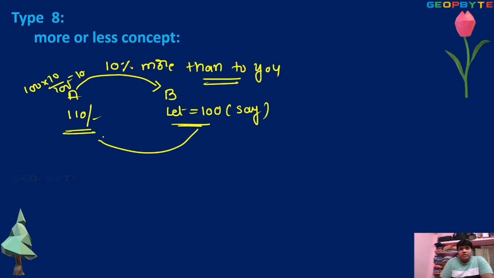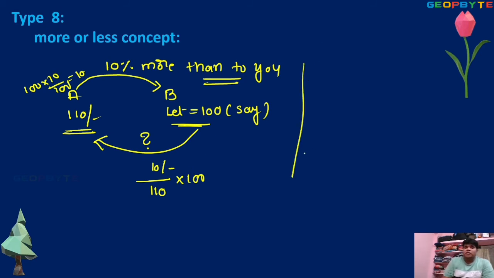Now B said to A, B is how much percentage less than A? Compare with A. So B is how many rupees less actually? 10 rupees less. So is this 10 compared with 100 or 110? That is my question. B is compared with A now, so this 10 rupees is compared with 110. 10 by 110 into 100. Got it, children?